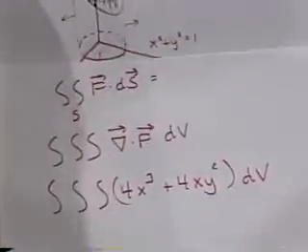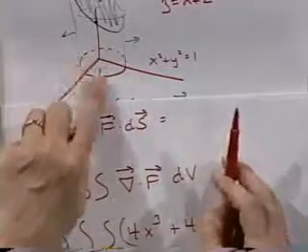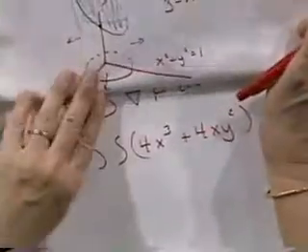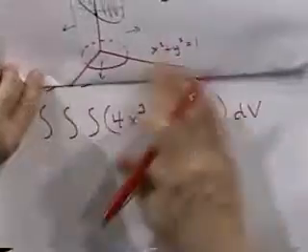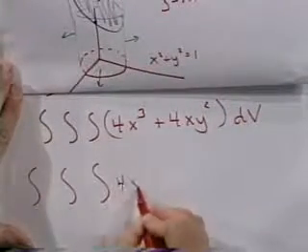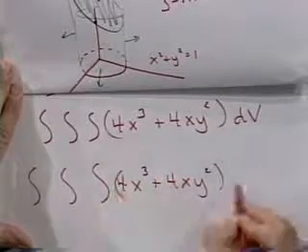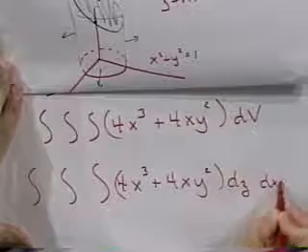What do you think you want to integrate with respect to? I think I'm going to make my base be the xy plane, right? And I think I'm going to integrate with respect to z first. So I think I'm going to do the integral of 4x cubed plus 4xy squared dz dx dy.